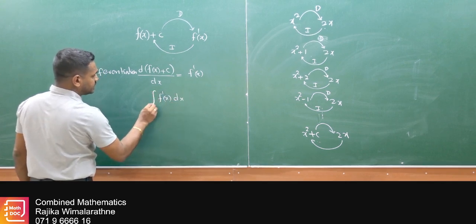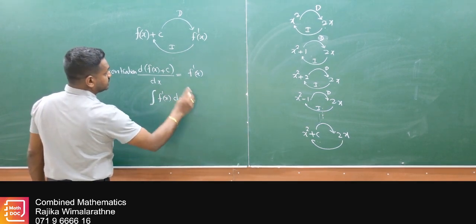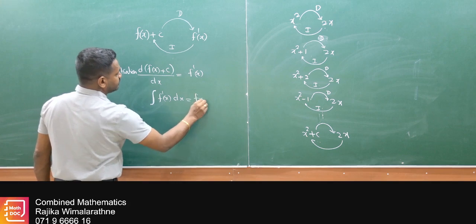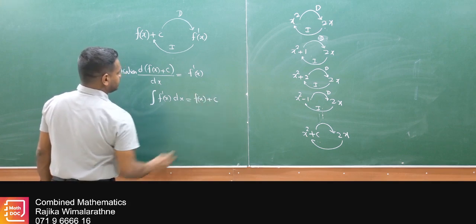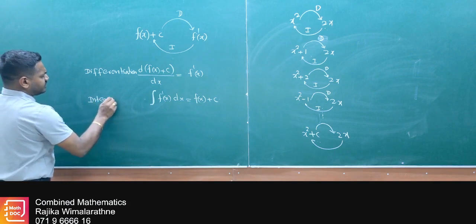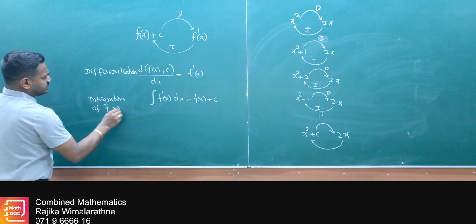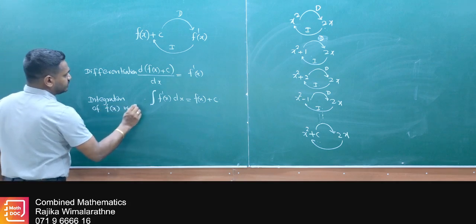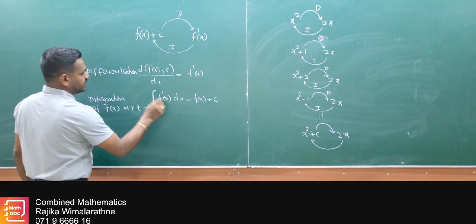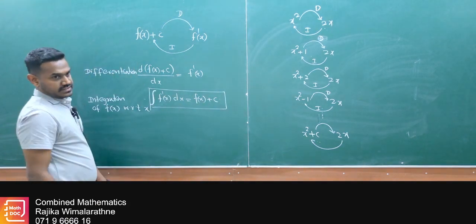Then the notation integral f dash x dx. Here this is the integration sign, integral sign. The integral of f dash x dx, the result is f(x) plus c. Here, integration. This notation represents integration of f(x) with respect to x.